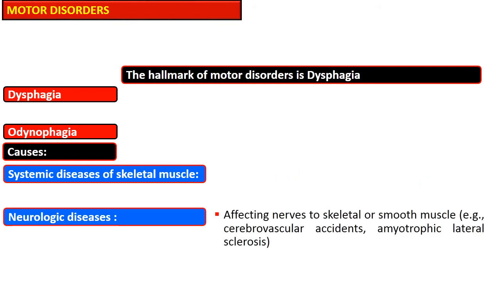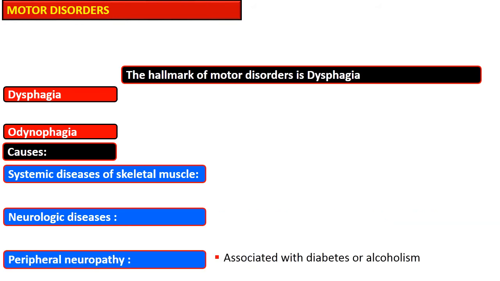Then neurological conditions, such as cerebrovascular accident or amyotrophic lateral sclerosis, that affect the nerves to the skeletal or smooth muscle. And finally, peripheral neuropathy that is associated with diabetes or alcoholism is a cause of the motor disorder.